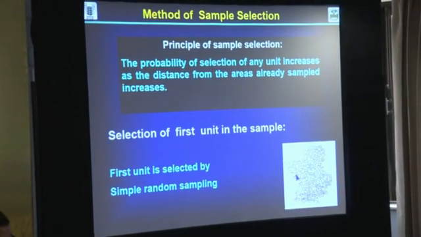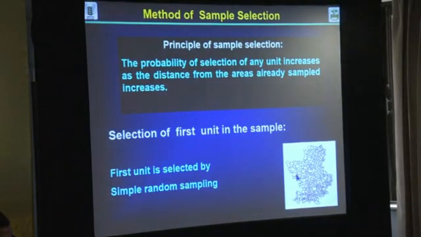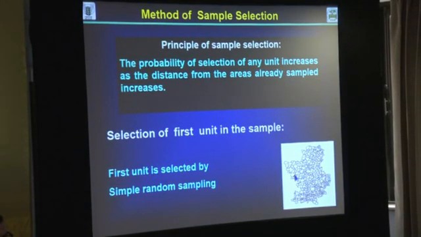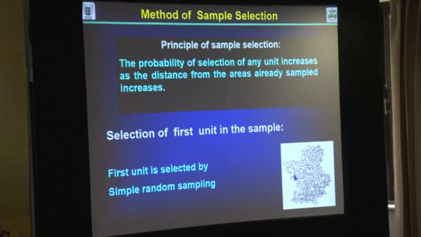And coming to the sample selection, which is most important, which highlights the spatial property of the sample. So the basic principle behind the sample selection is that the probability of selection of any unit increases as the distance from the area already sampled increases.